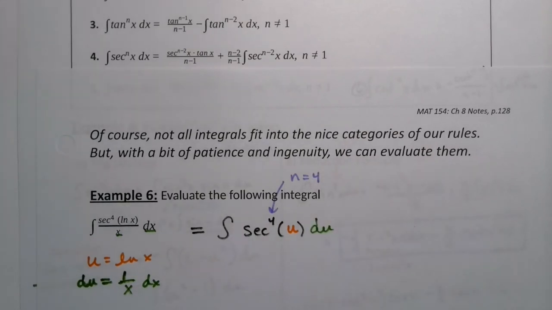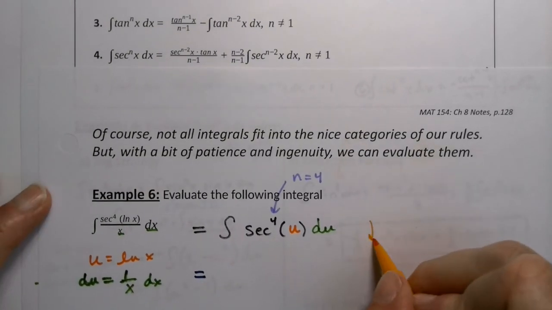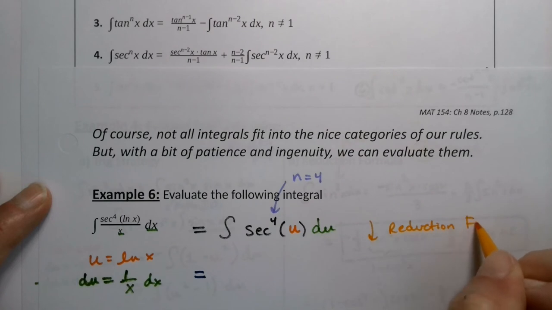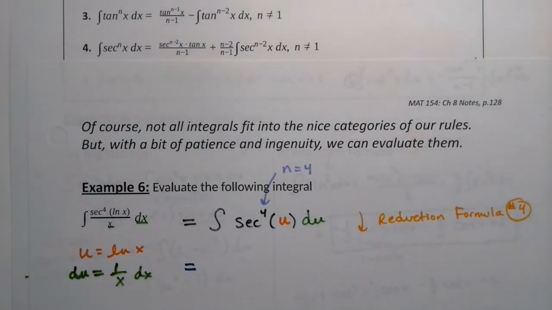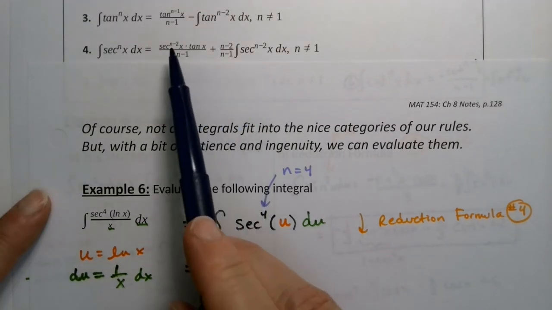Okay, so let's rewrite this with the reduction formula. This is equal to, and we better say, we're using reduction formula number 4. Okay, so we'll say it's secant squared, because it says to the n minus 2.